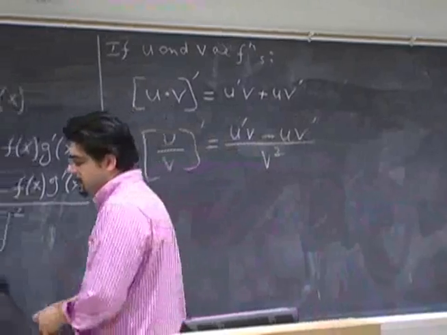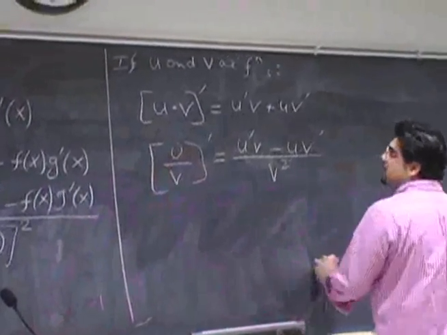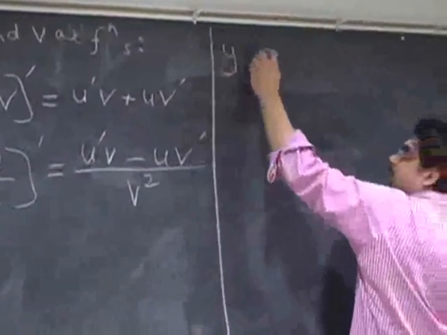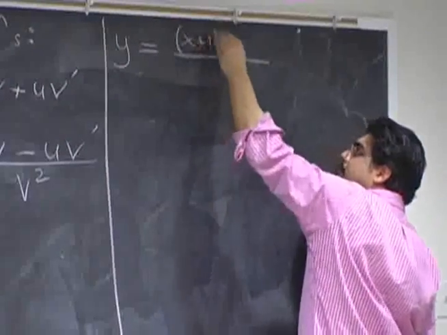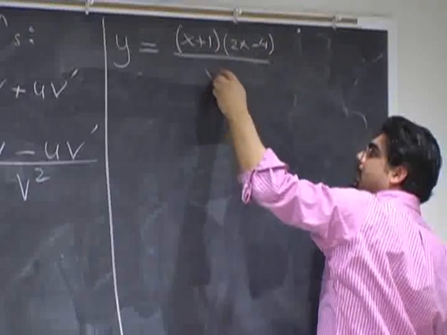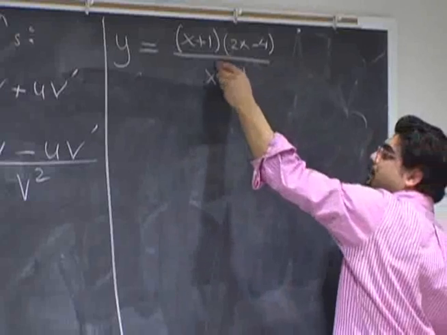So let's take an example and try to use some of these. Let's find the derivative of this function. x plus 1 times 2x minus 4 divided by x squared plus 1.